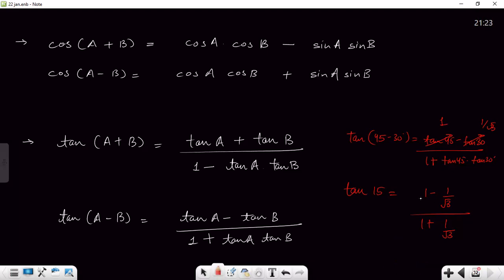So here, after taking LCM, this will become root 3 minus 1, and this will become root 3 plus 1, the root 3 cancelling each other. What we will be getting is root 3 minus 1 divided by root 3 plus 1. After taking its rationalization, how do we rationalize? We will simply multiply by its conjugate, basically after changing its sign.